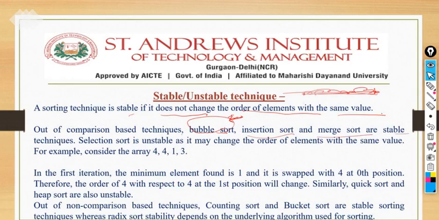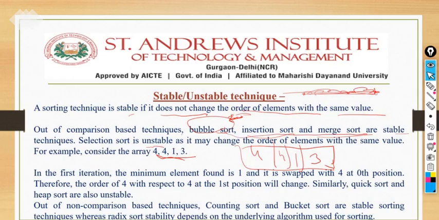Insertion sort and merge sort are stable techniques, because a sorting technique is stable if it does not change the order of elements with the same value. Say four elements are there, 4 4 1 3, where 4 is repeated twice.